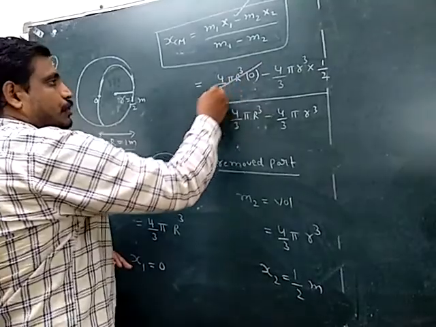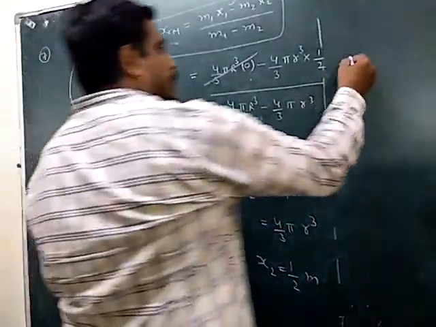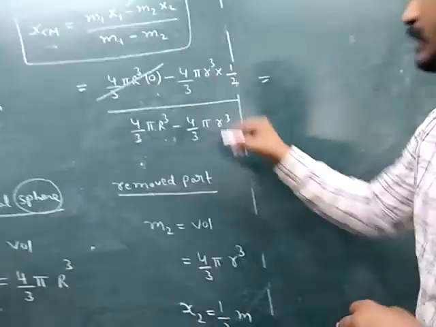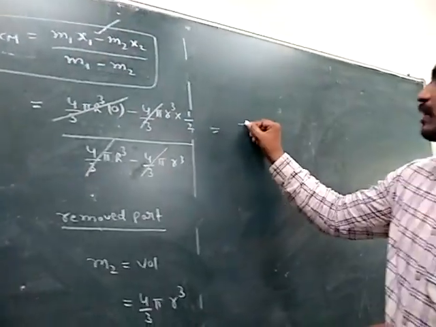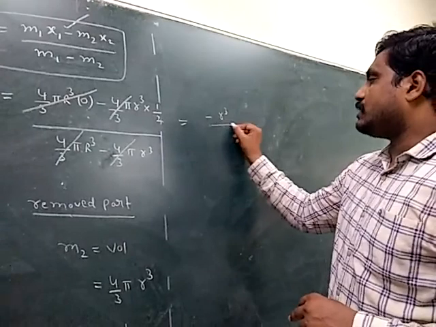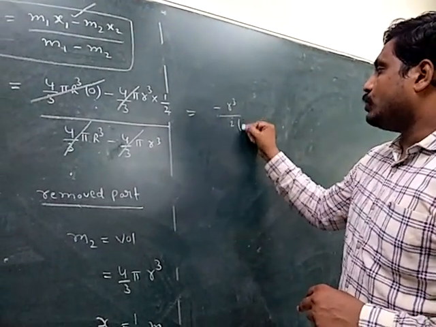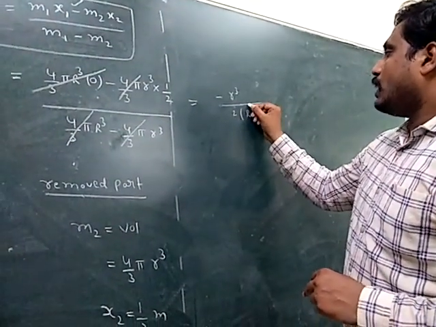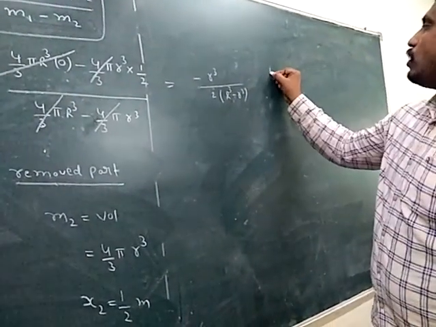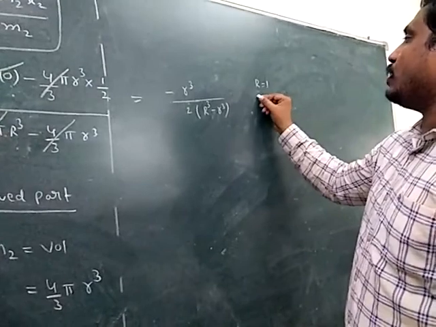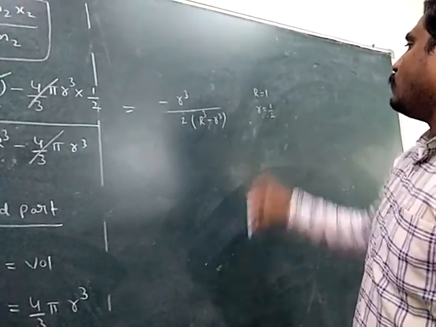Here 0 into anything is 0. Finally, neatly write the denominator: 4 by 3 pi, 4 by 3 pi cancel. Neatly written as minus r cube by 2 into R cube minus r cube. But according to the question, capital R value is 1, small r value is 1 by 2.